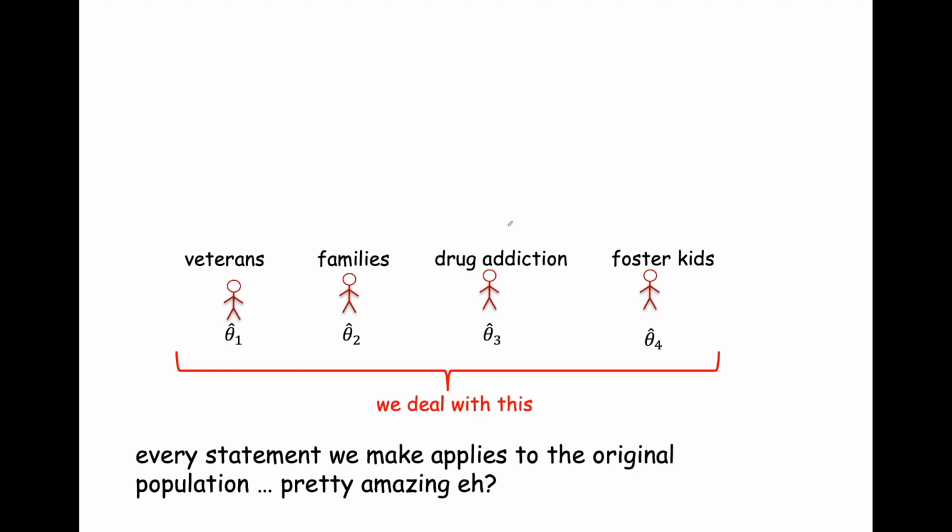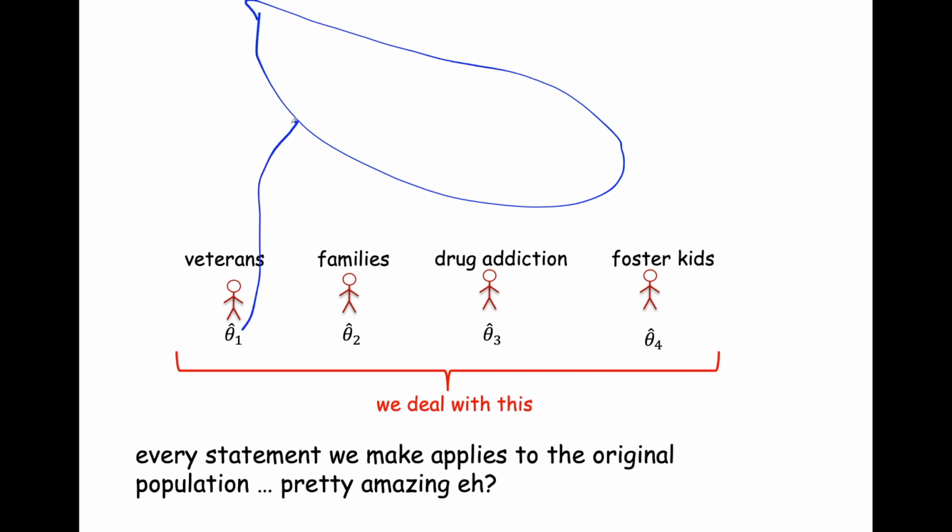You don't know something that's out here, and by choosing a function, theta 1 hat, if you choose it the right way, theta 2 hat, theta 3 hat, and theta 4 hat, well, you don't know everything about this whole population, but yet there's something you can do to understand that population even though you don't have complete information.